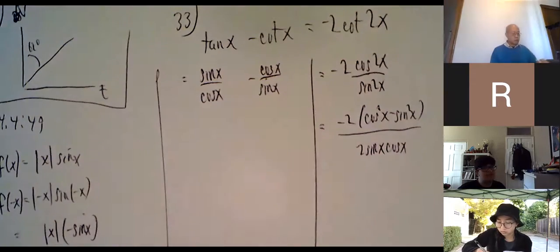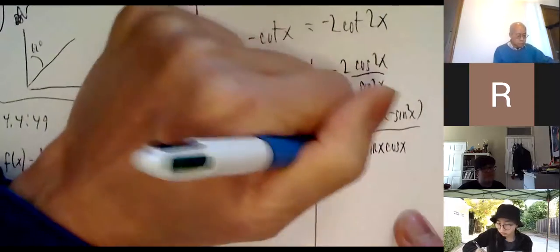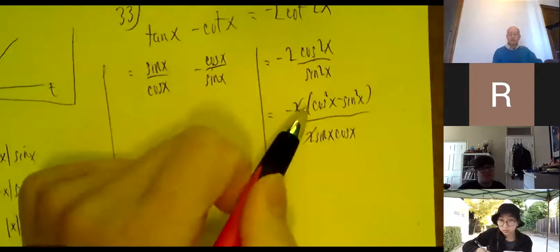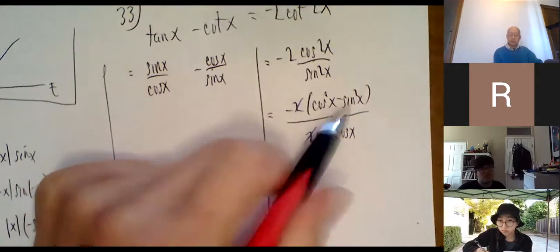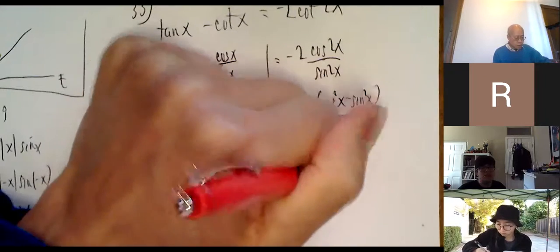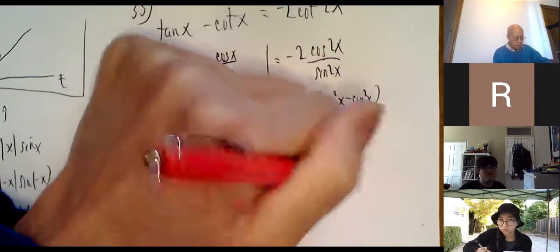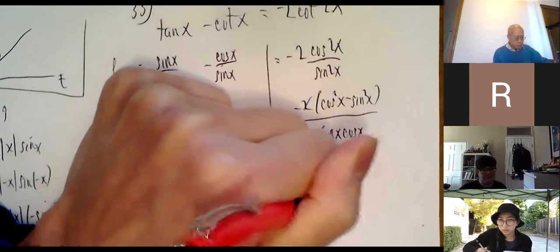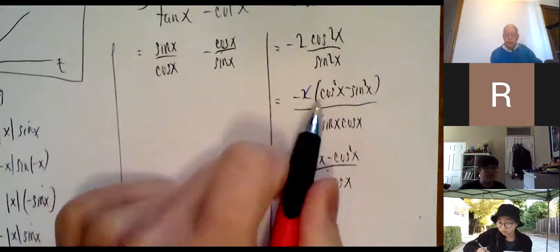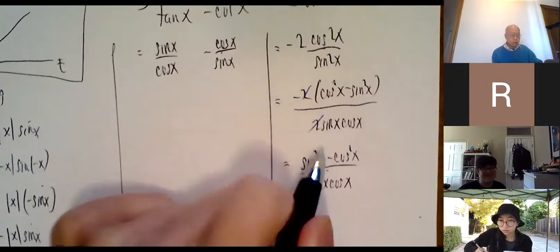Okay, and it looks like I can cancel these out. And now negative cosine squared x minus sine squared x, I can just turn these two around. So I'm going to rewrite it as sine squared x minus cosine squared x divided by sine x cosine x. So negative parentheses, something minus something, you can just turn them around.